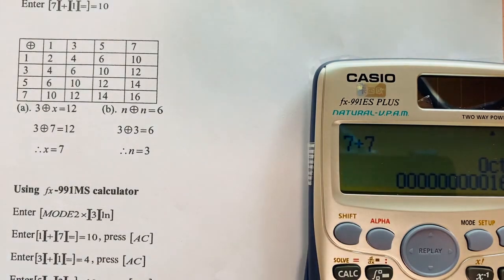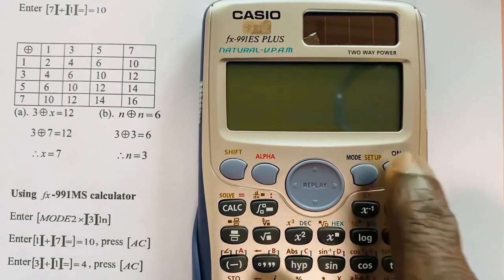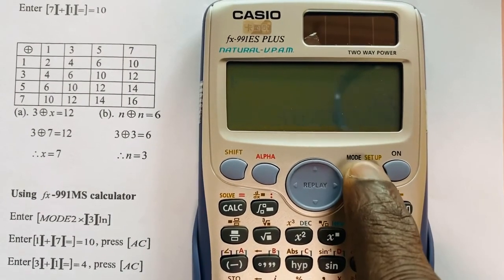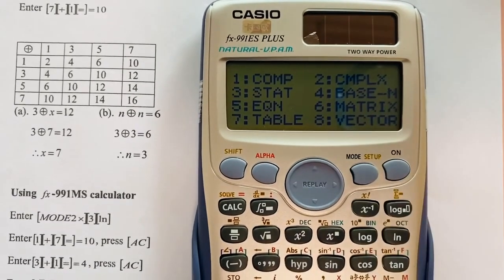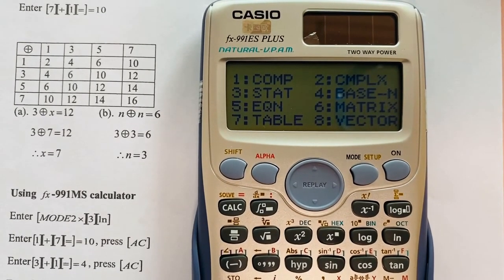So now we have been able to know how we can use a calculator to solve number base, whereby on ES plus we go to mode, then we select 4 as we have those here, base-n. And on the MS calculator, you go to your mode 2 times, and you select 3 to activate the number base system on your calculator, and it follows as ES and the ES plus.